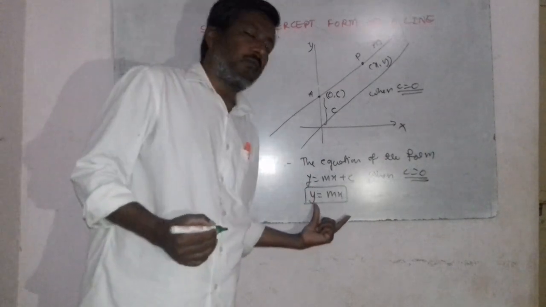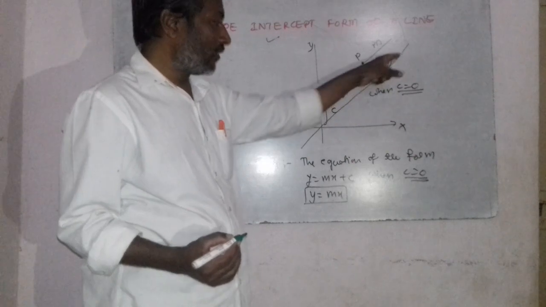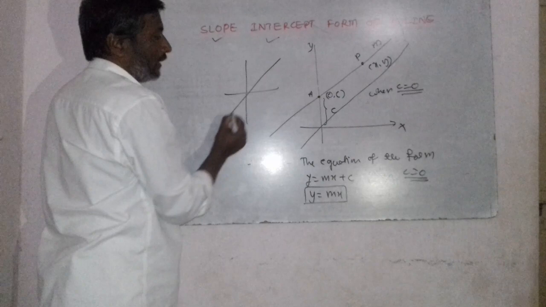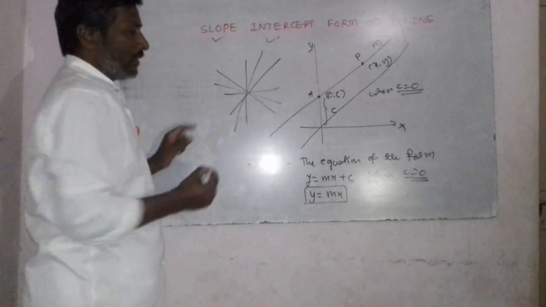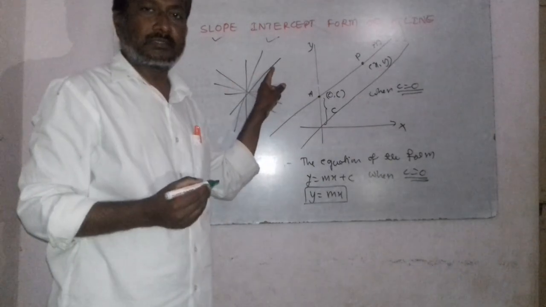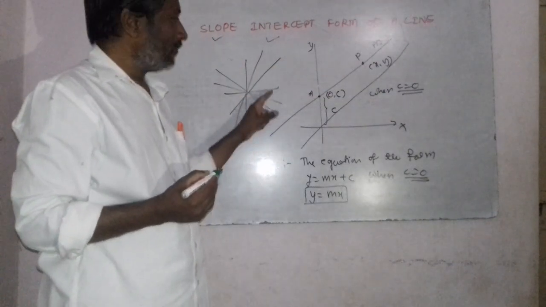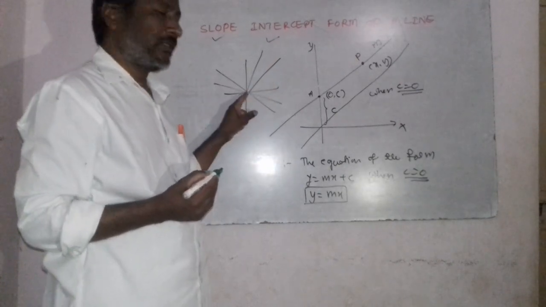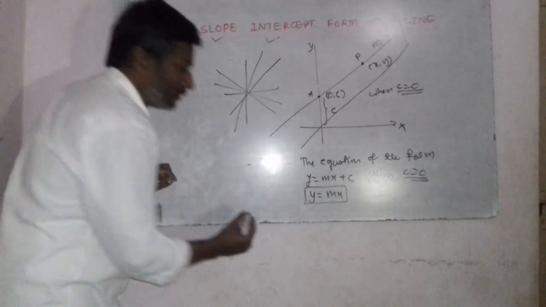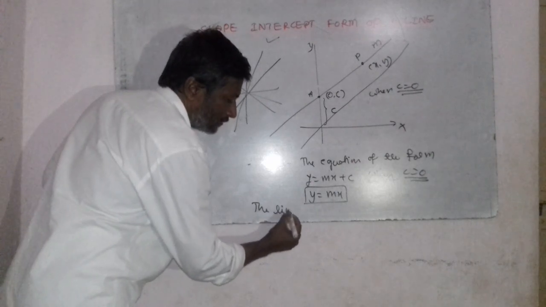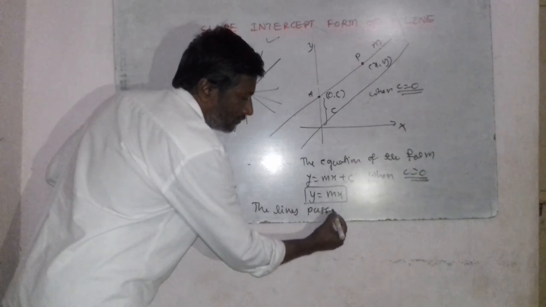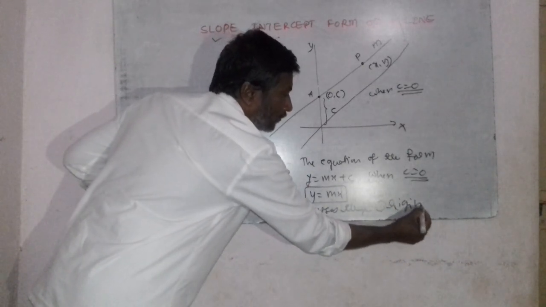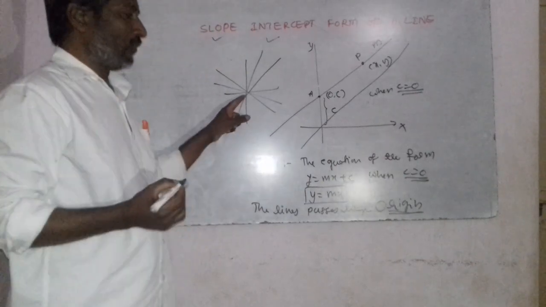So y equal to mx, the line always passes through the origin. In all these cases only slope is different, but the intercept is 0. Therefore all these lines pass through the origin.